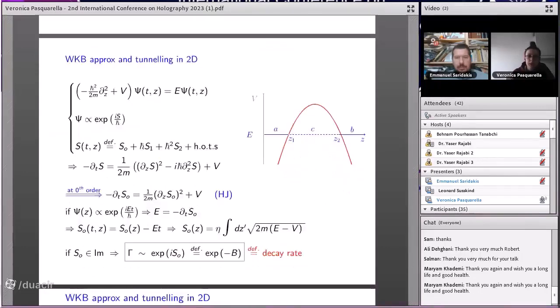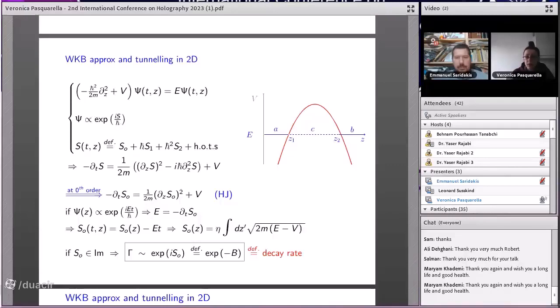So first of all, the WKB approximation is what we're going to need to calculate the tunneling in 2 dimensions, because starting from the Schrödinger equation in 2 dimensions and assuming that the wave function is an exponential of the action, and expanding the action to leading order in h bar, at 0th order, plugging this back inside the Schrödinger equation, we get the Hamilton-Jacobi equations.